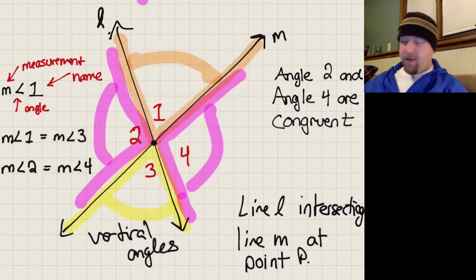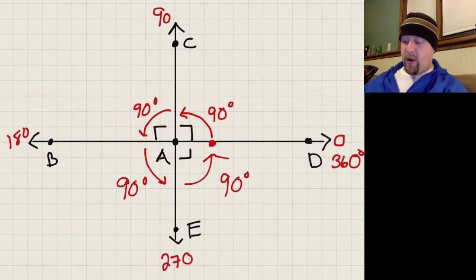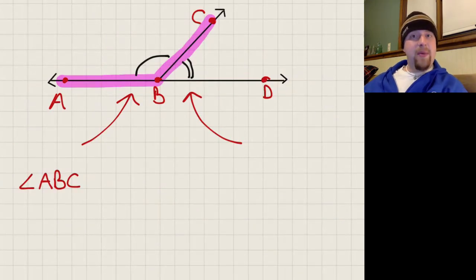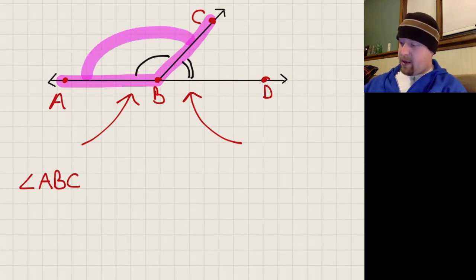So unlike the last figure where we just numbered the angles, or in the previous figures where we just said their measurements, we can also label angles using points. So angle ABC is this angle right here.